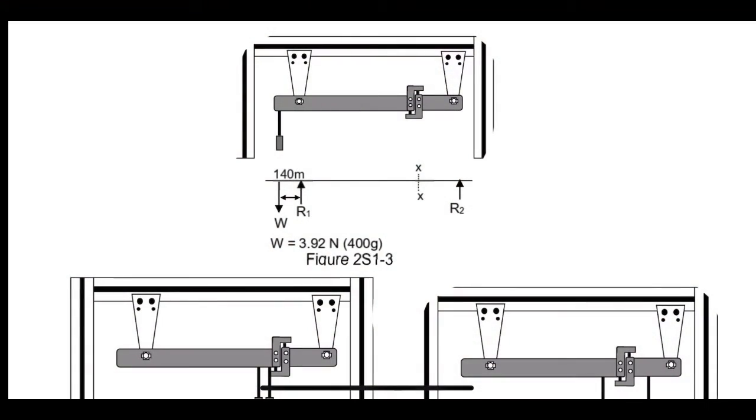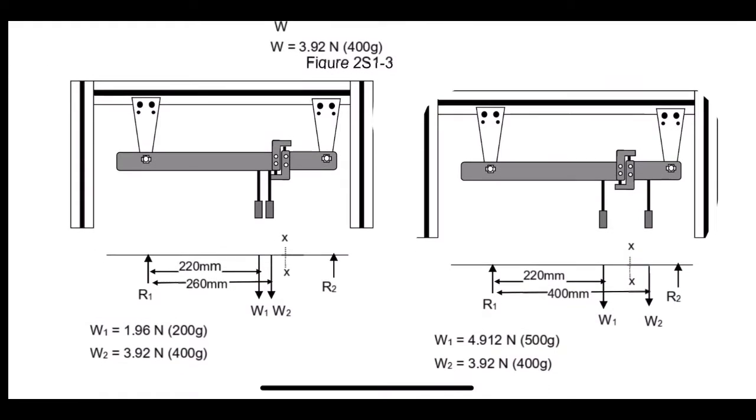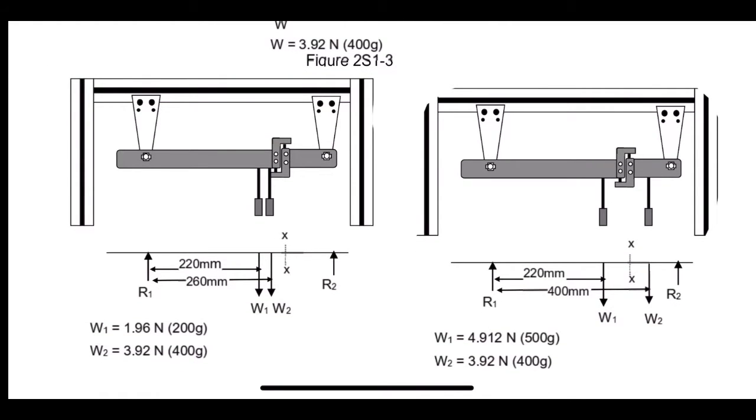After that, calculate the support reactions RA and RB and calculate the theoretical shear force at the section XX. And then repeat the procedure with the beam loaded as in figure 2S14 and 2S15.